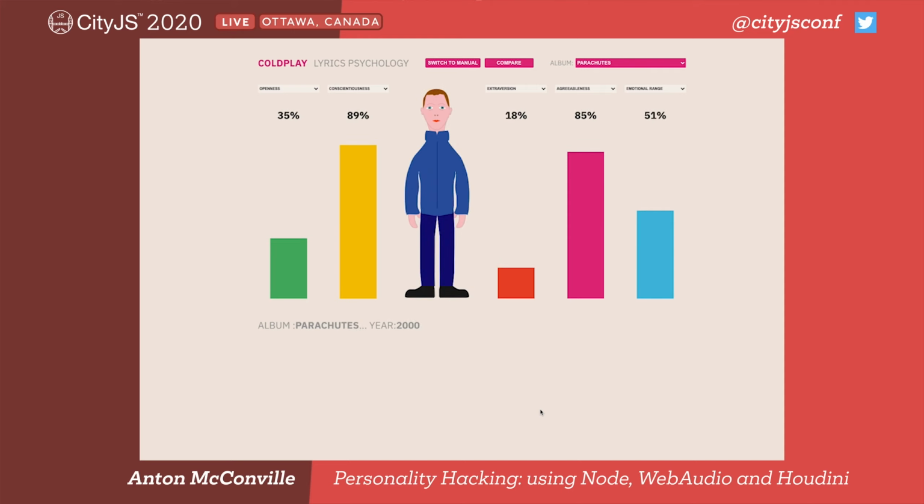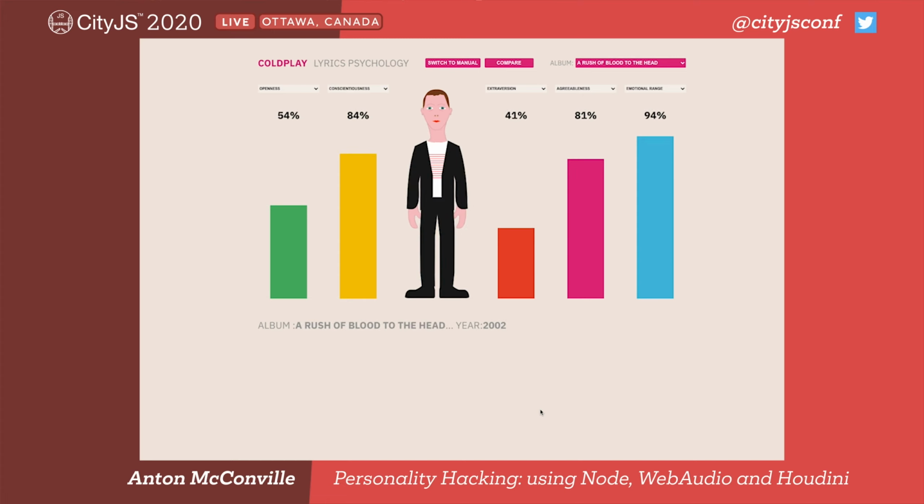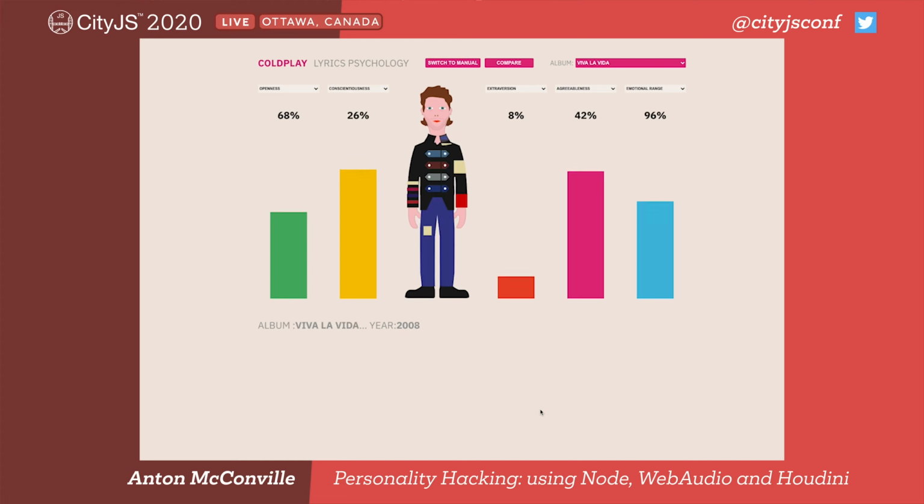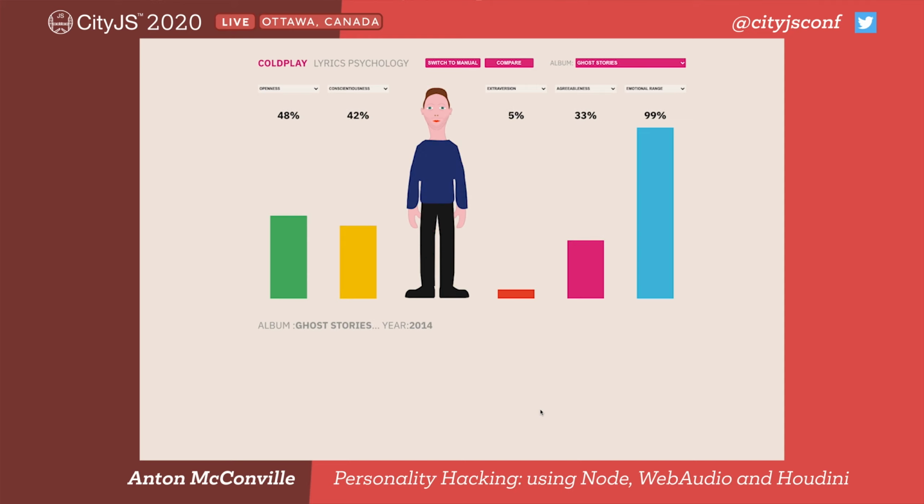This is their first album. It's a lot of organization and cooperation, and similarly so here, but a little bit more openness. And as I progress through, we're getting more emotional range in Viva La Vida, and Mylo Xyloto.